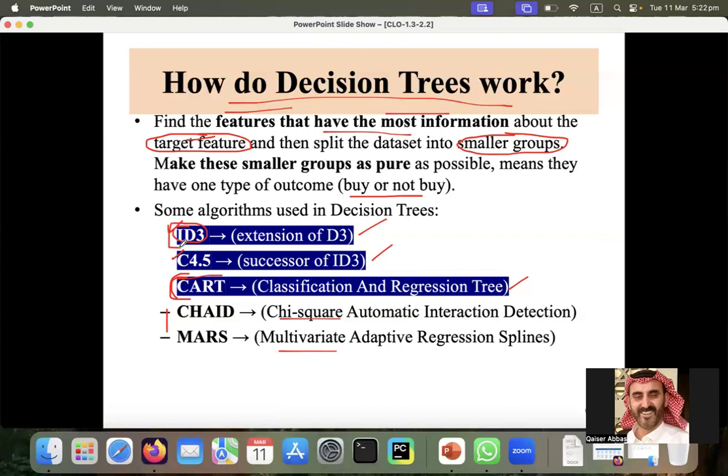Starting would be the same, but then you will see something. So we will see these three algorithms in the decision trees, and then the decision tree topic will be complete. Otherwise, it is not complete. We don't only want to get the definition of the decision tree.